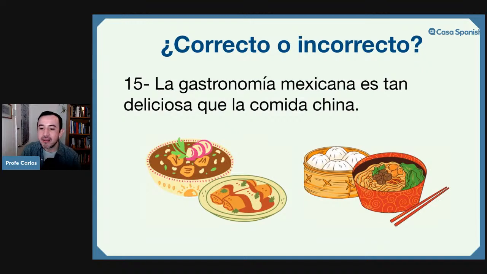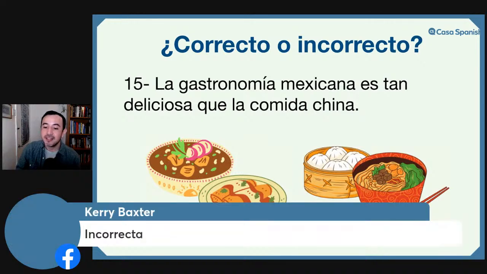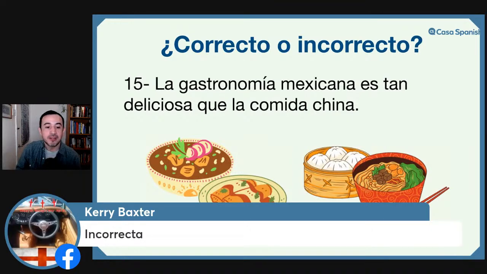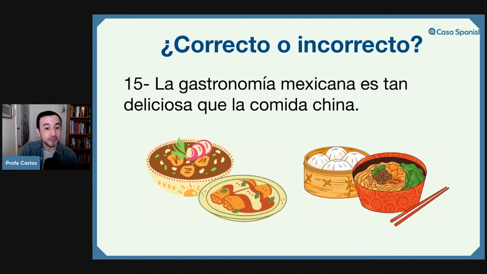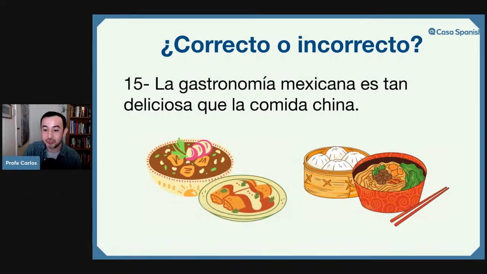So we have Jim is saying is incorrecto. Kerry is betting for incorrecto también. It is incorrecto. That is correct. And we have some corrections here. Good. Tom is saying tan deliciosa como. And that is really good.